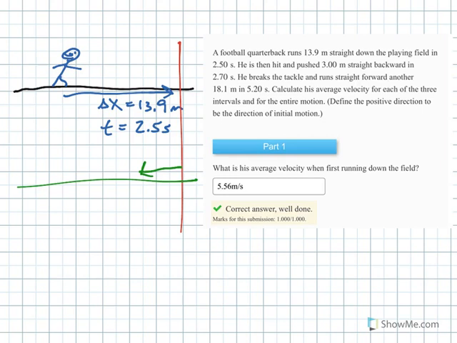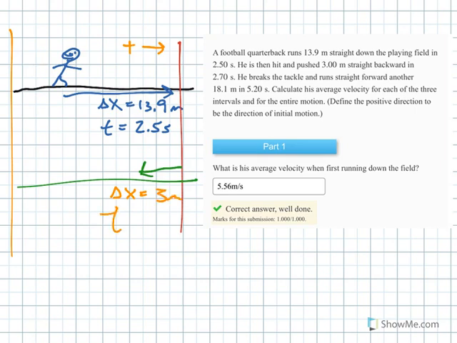That just means left or right, north or south, east or west. So just as a reminder here, I want to put plus and a little arrow, and that reminds me that the positive direction is towards the right. That means if he gets pushed back, his delta x is now negative 3 meters.